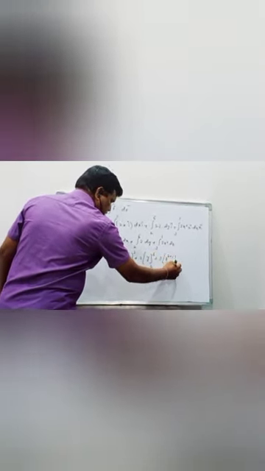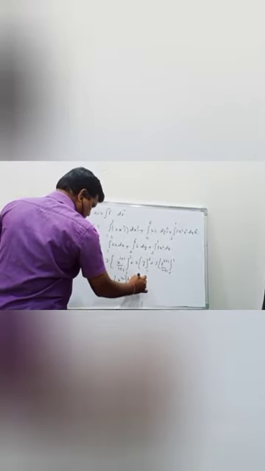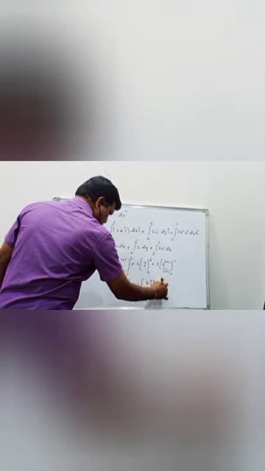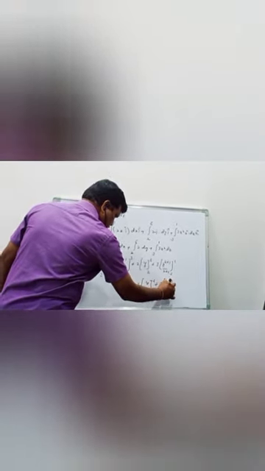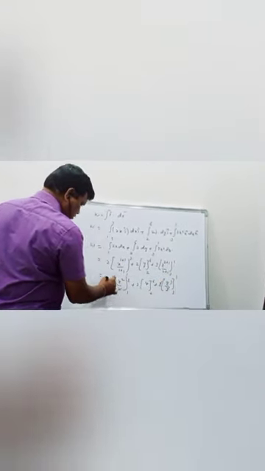Now substitute upper limit minus lower limit. So z cube by 3, from 3 to 1. The 3s cancel, the 2s cancel.